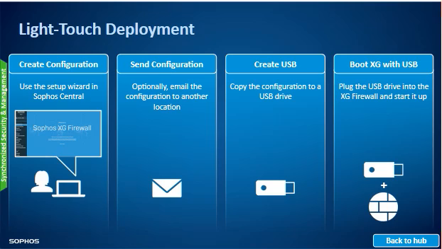They can then download the configuration or email it to another location so it can be copied to a USB stick. The stick is then plugged into the XG firewall device when it is first fired up, setting its initial configuration, after which it can be fully managed from Sophos Central. For power users, the config file can be edited and customized further.